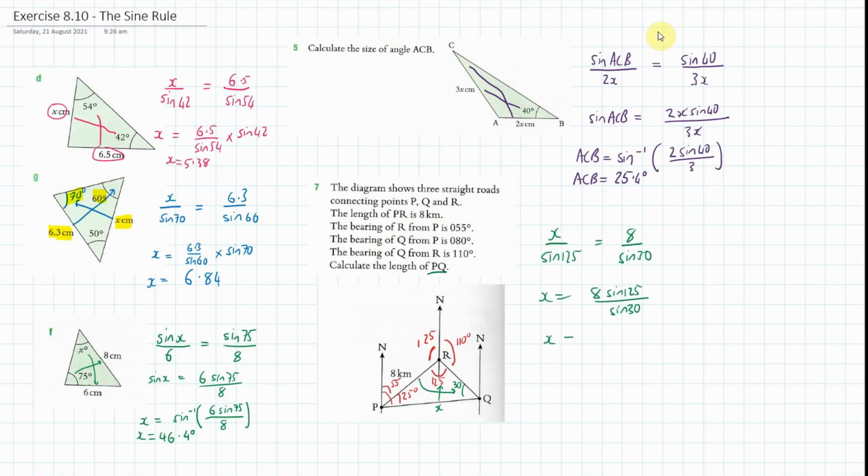And so x is equal to, now let's have a look what we get there. 8 sine 125, make sure you do your brackets properly, and then divided by sine 30. Okay, I'm getting 13.1 kilometers.